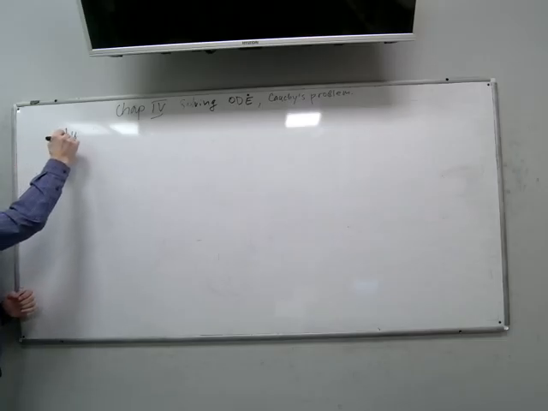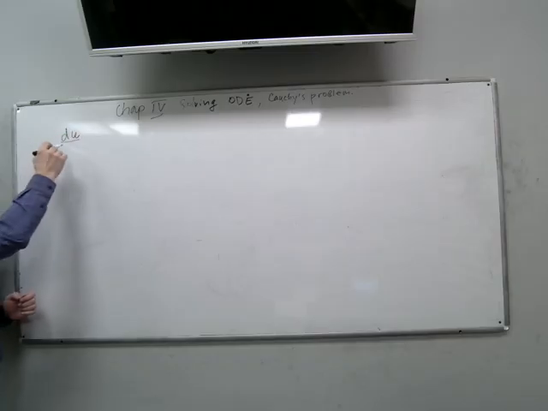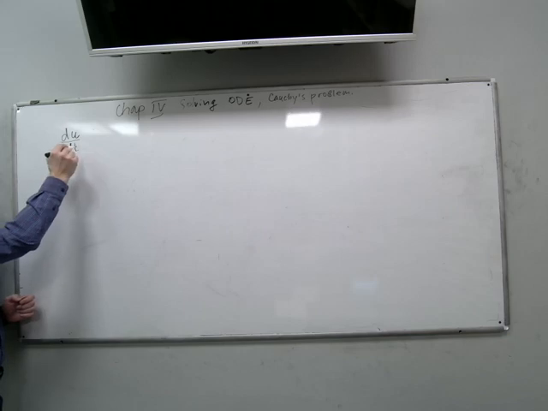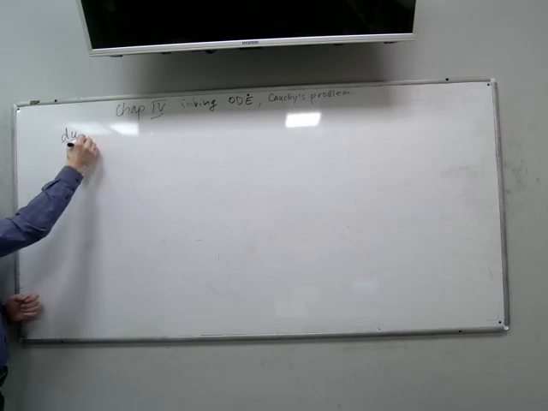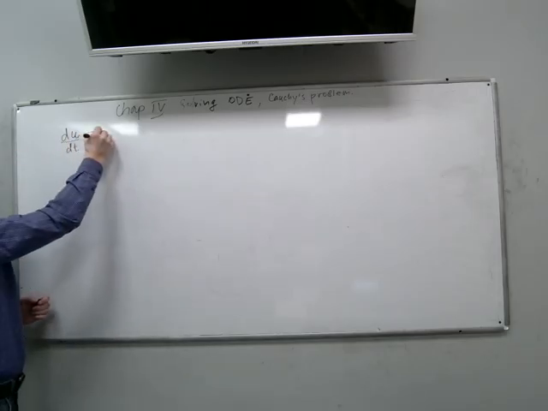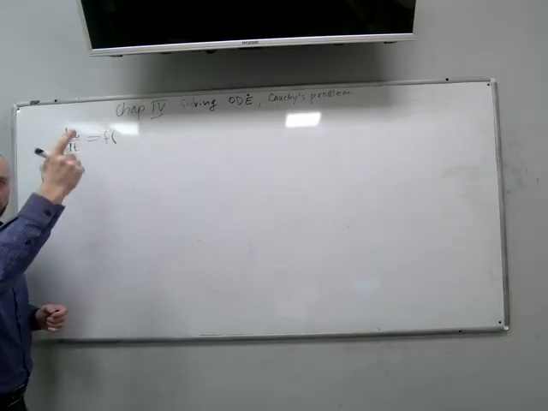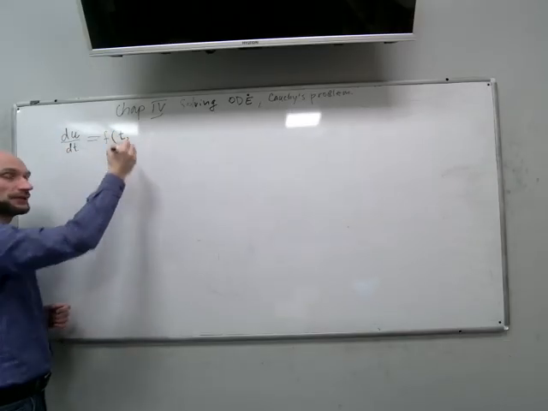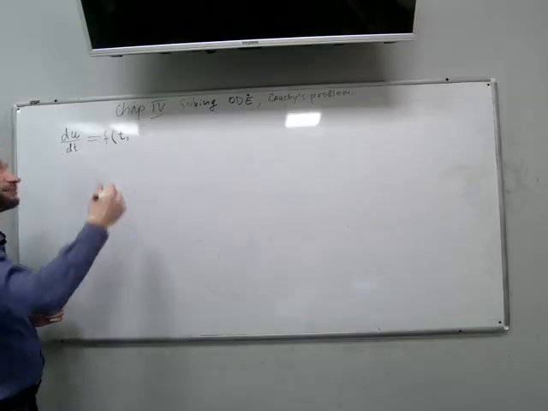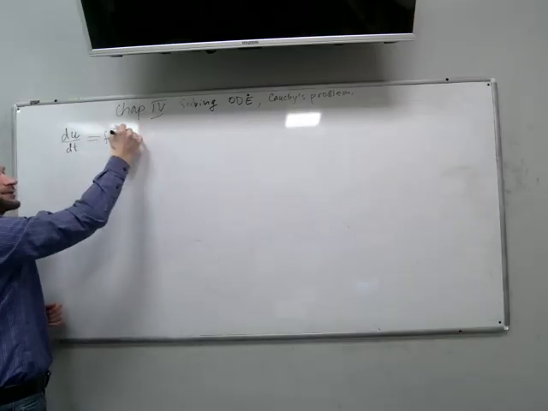Let's take u as a function of t plus u. Let's take it in the most general form: some unknown function, some known function, which depends on time or some independent variable, and the solution itself. That's it. So this is the first order ordinary differential equation.